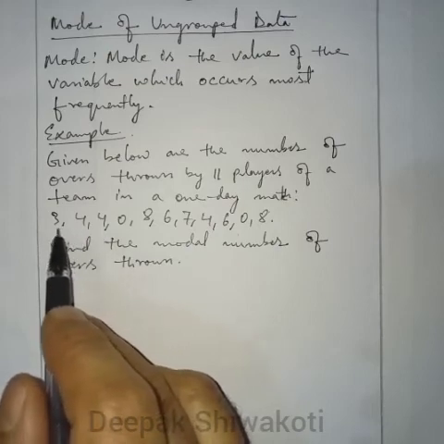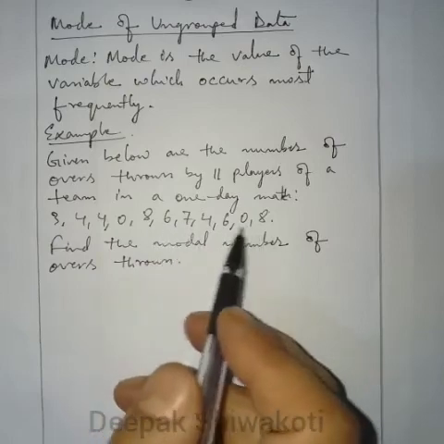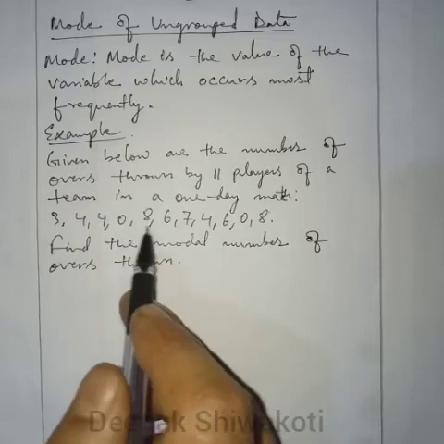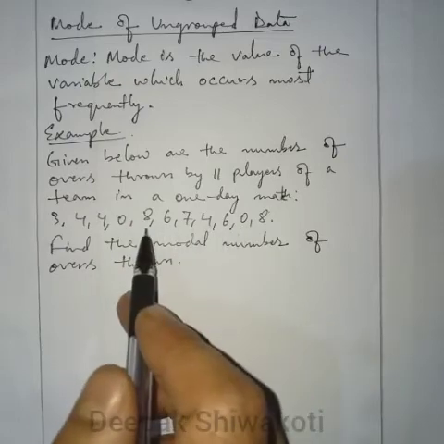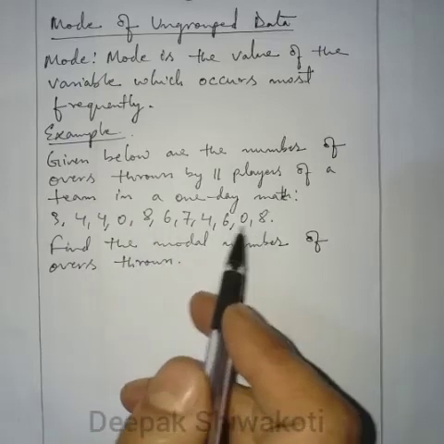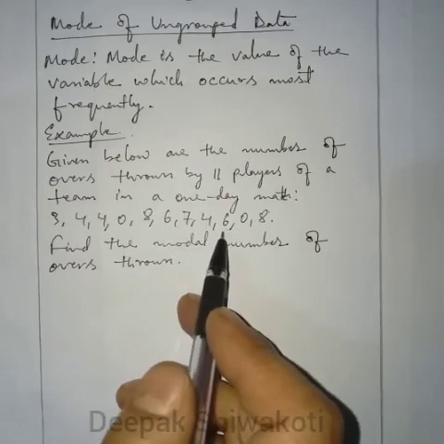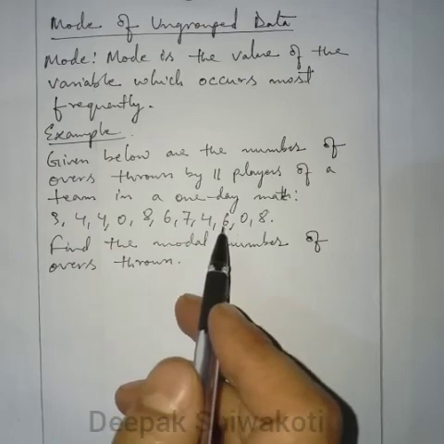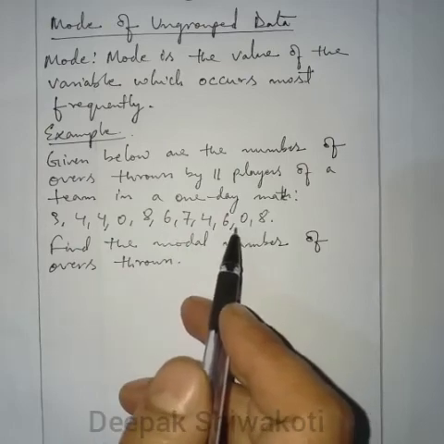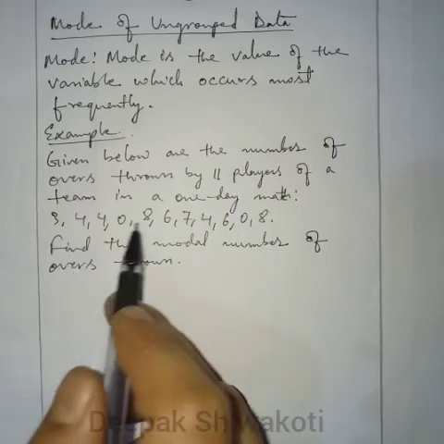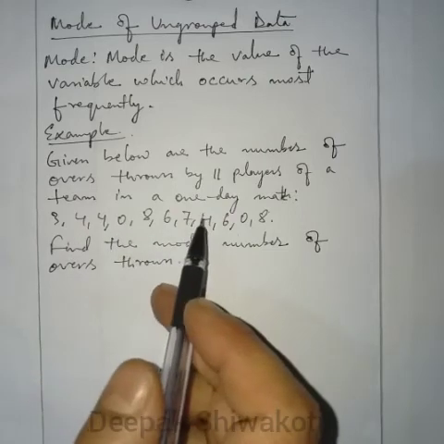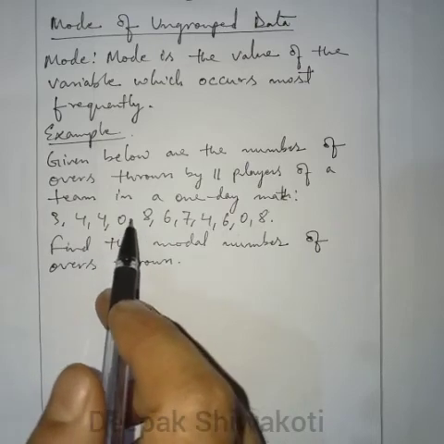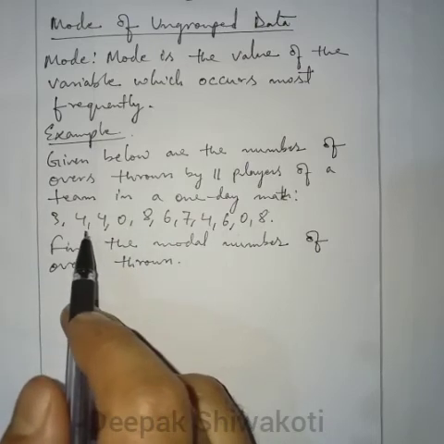3 is here only one time, 4 is here 3 times, 8 appears 2 times, 6 appears 2 times, 7 only one time. So the most frequently thrown number of overs is 4.